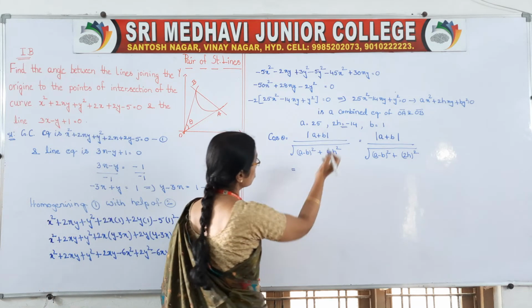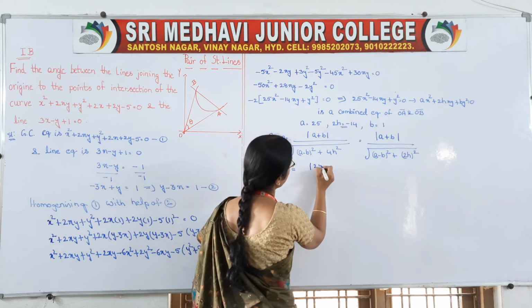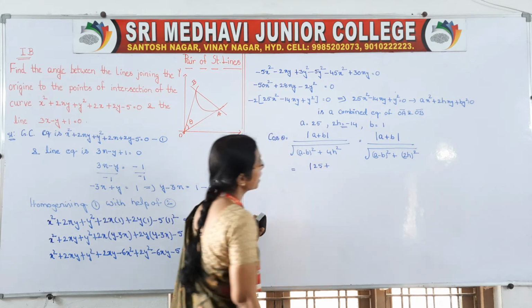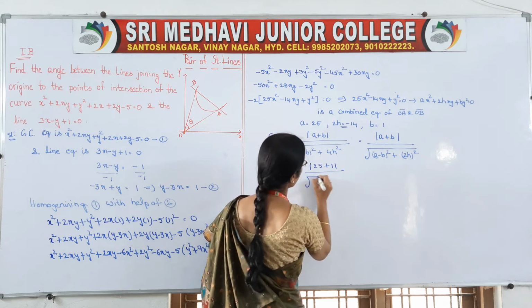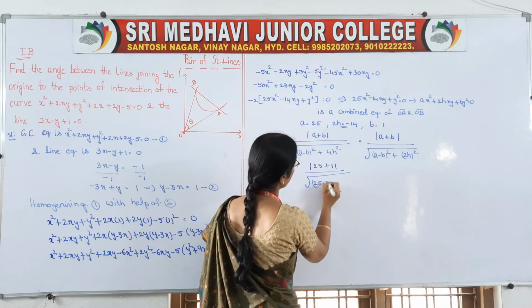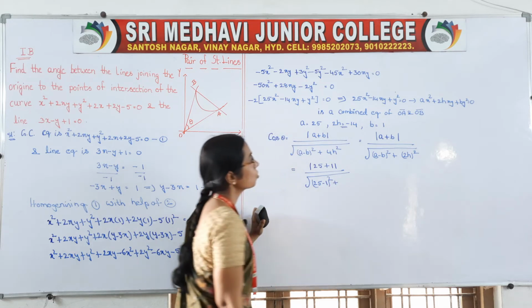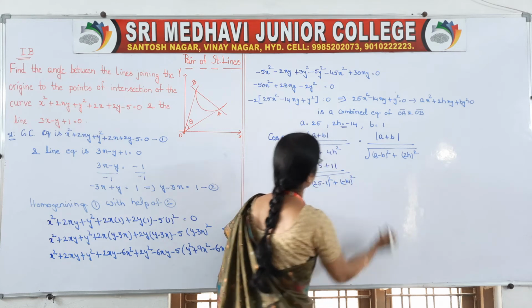So it is equal to modulus of A, which is 25, plus B, which is 1, by root of A minus B, 25 minus 1 whole square, plus 2h whole square, which means minus 14 whole square.